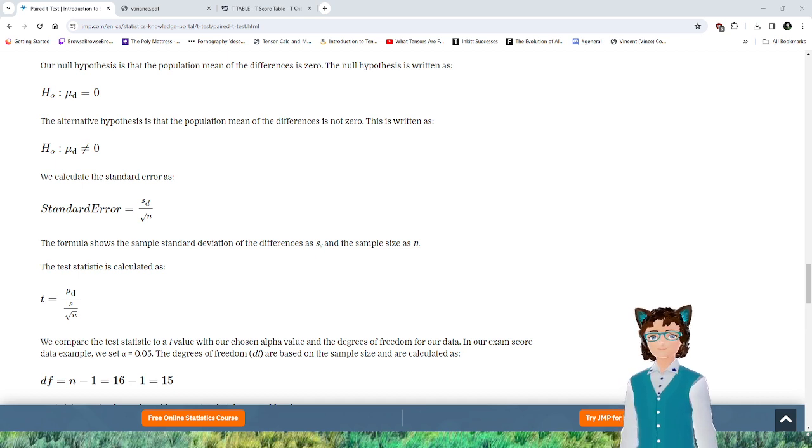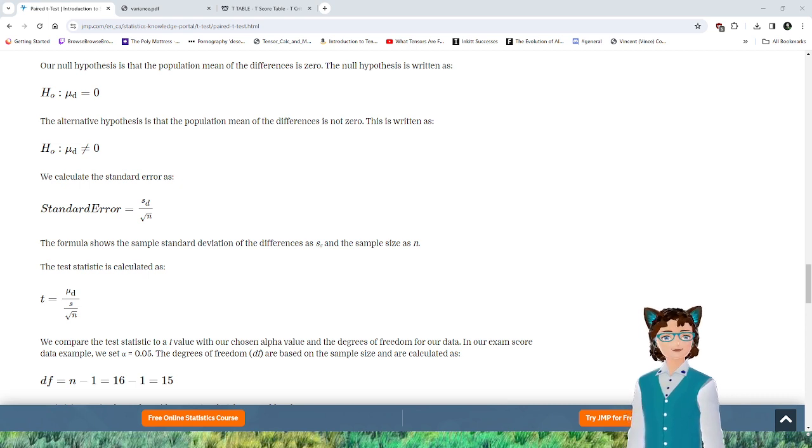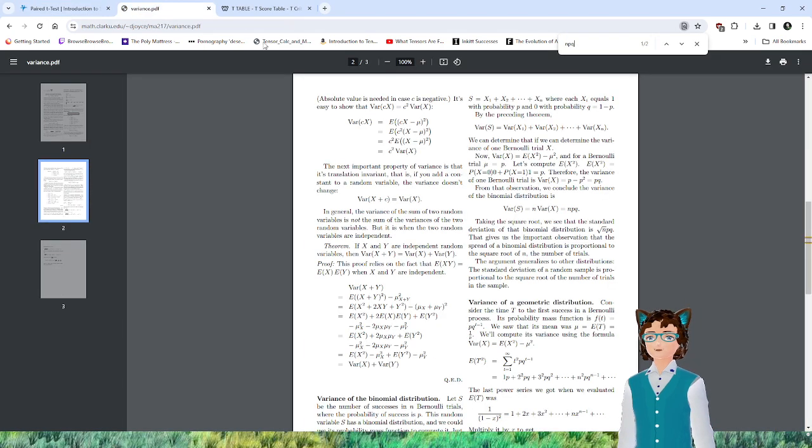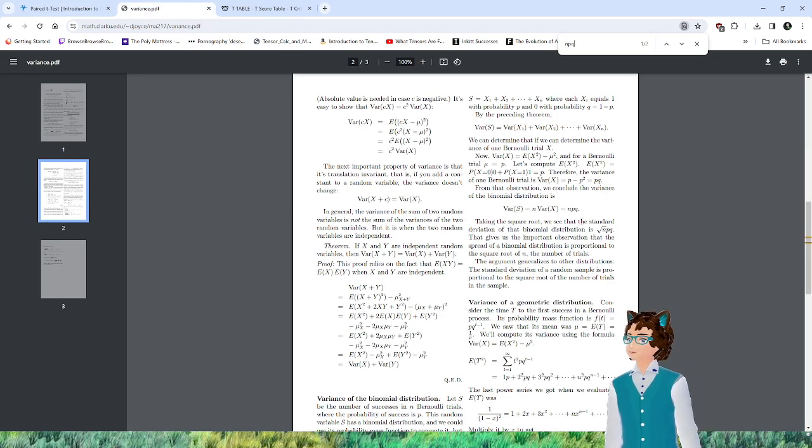So the first thing we are going to do is take the difference, 9 minus 5, which is the assumed value. Then we take the standard deviation over the error, where the standard deviation is the square root of NPQ.